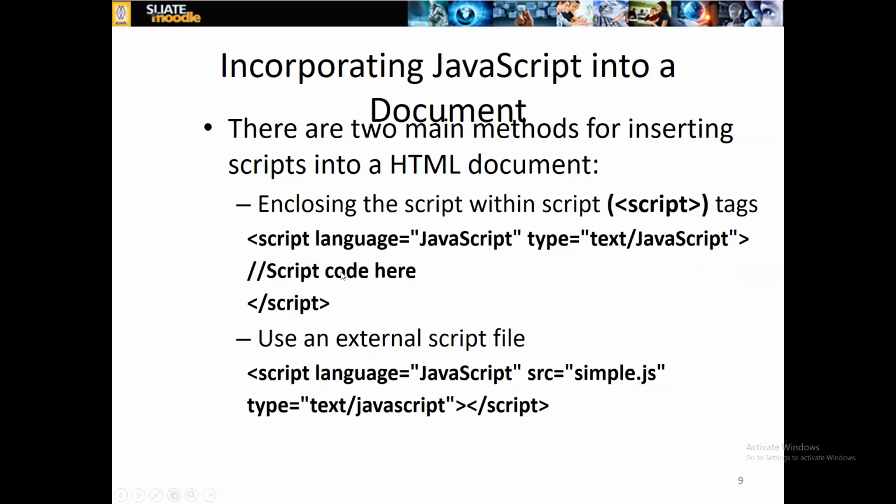Internal way means the whole JavaScript code will be written in your HTML document; inside your HTML file, you can write any JavaScript code. External script file means your JavaScript code will be written in a separate file which has the extension .js, and that will be linked into your HTML document.